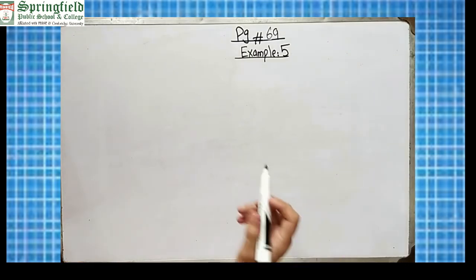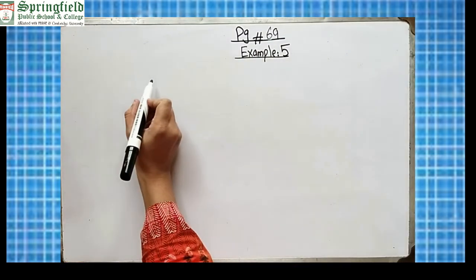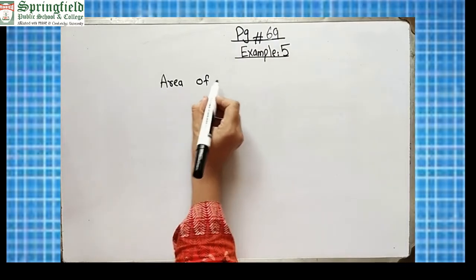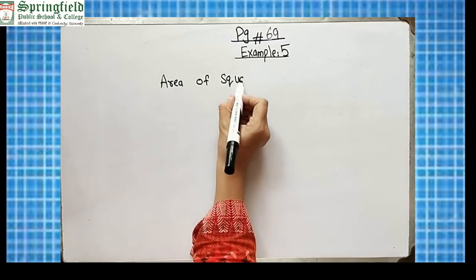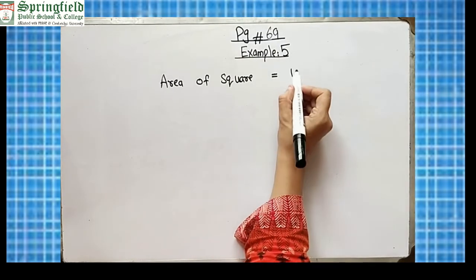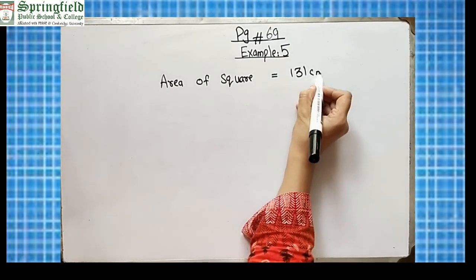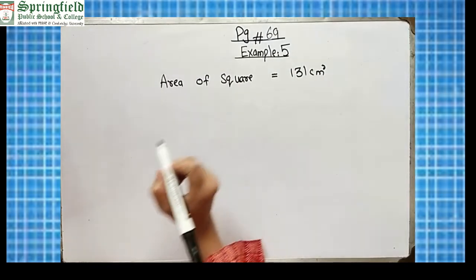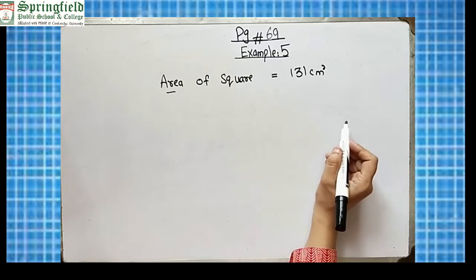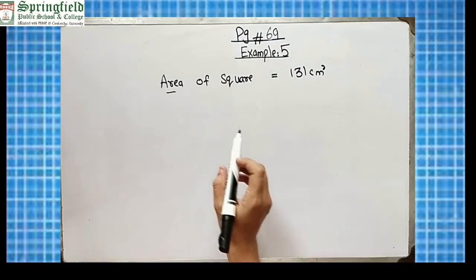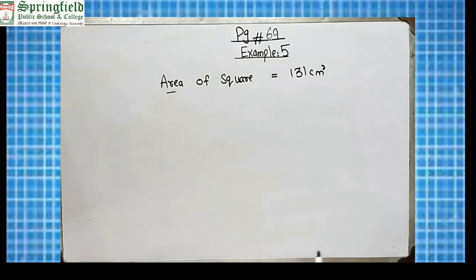Okay beta, the area of the square is equal to 131 centimeter square. Centimeter square is the unit for area, and centimeter is the unit for perimeter.